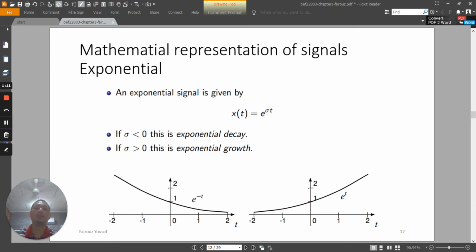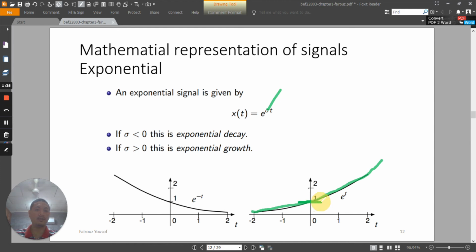Next is the exponential signal. So the exponential signal is given by x(t) equals e to the sigma t. So the sigma is the crossing at the y-axis.